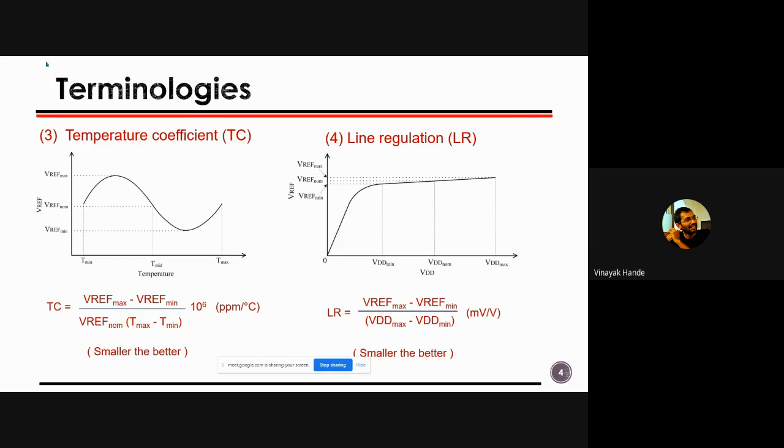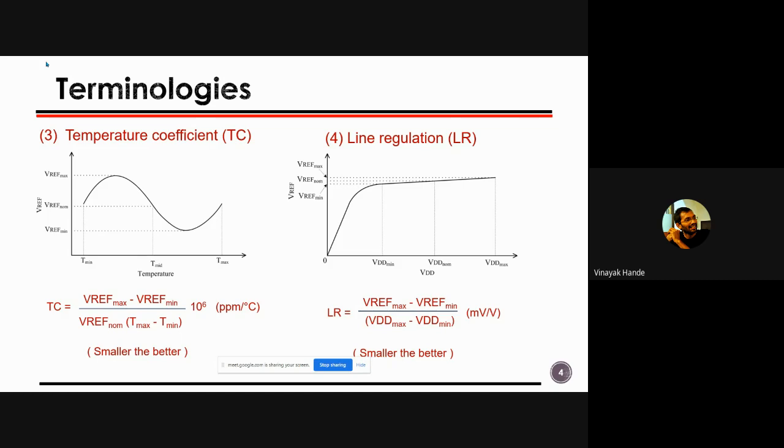Then in temperature coefficient, we measure how much deviation it gets from its nominal value, right? Generally those variations are very small, and the smaller they are, the better your voltage reference is. The formula is how much the reference voltage varies over the temperature, divided by the temperature range, divided by the nominal voltage, right? After that, you multiply by 10 raised to 6, so that you get parts per million per degree Celsius.